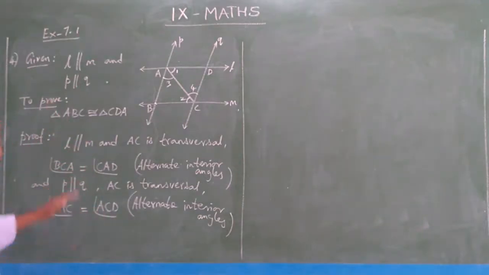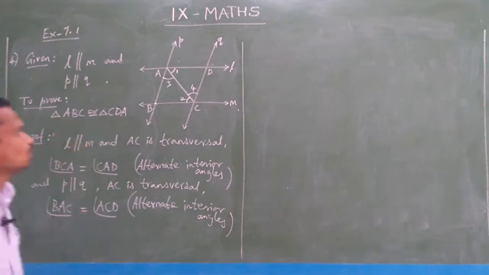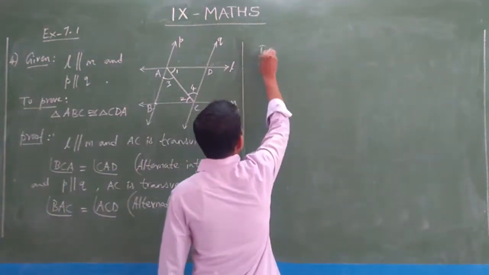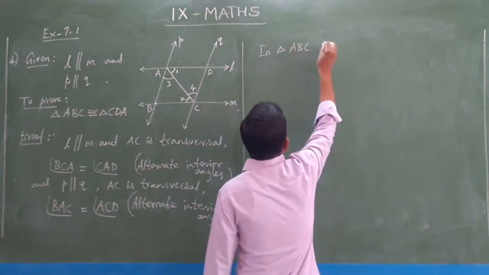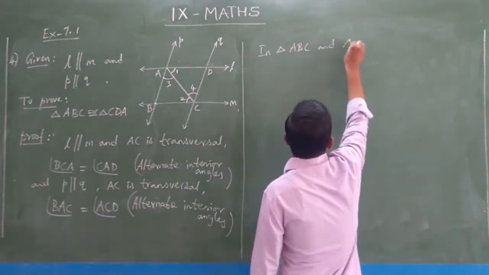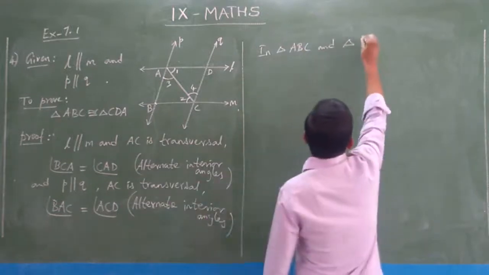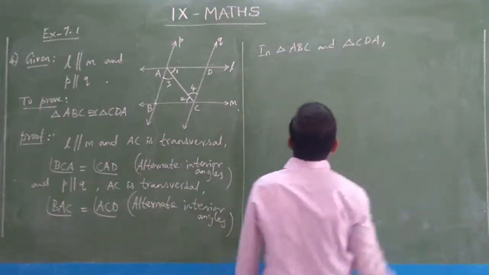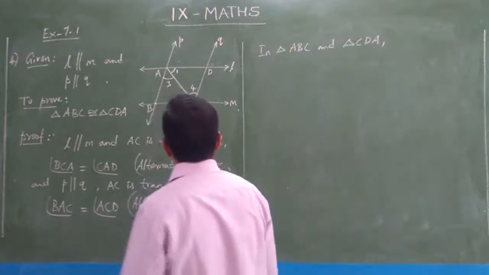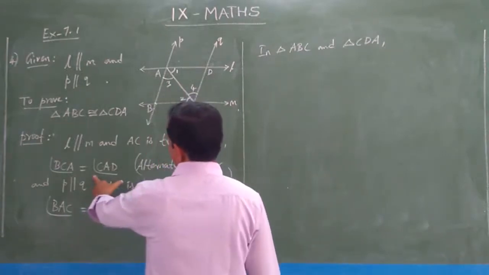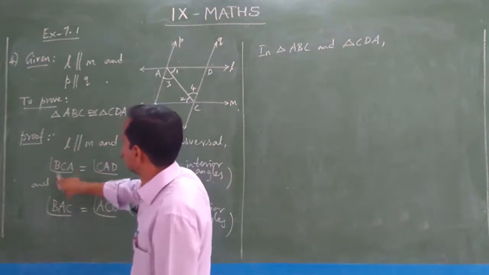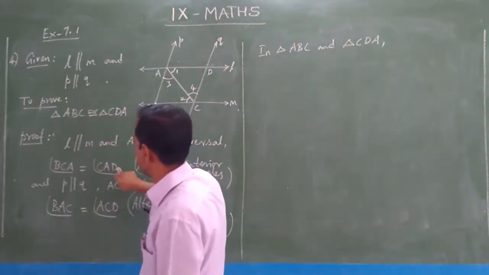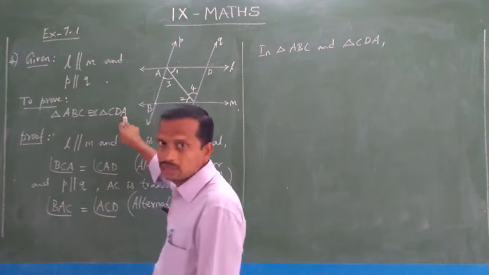And coming to the proof, we have to show these two triangles are congruent. For that, we have to take triangle ABC and triangle CDA. So we can collect the things. You see, already we have arranged the first angle from the first triangle and the second angle from the second triangle.